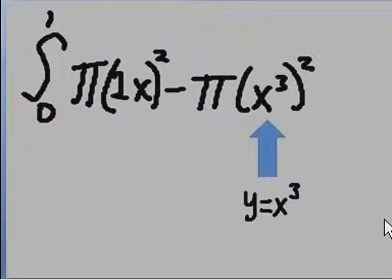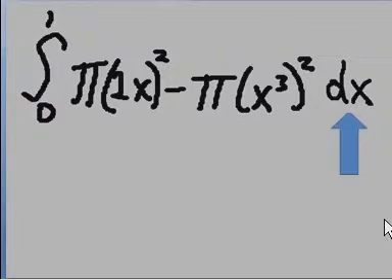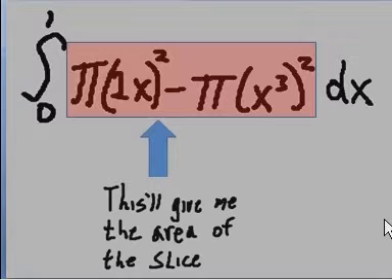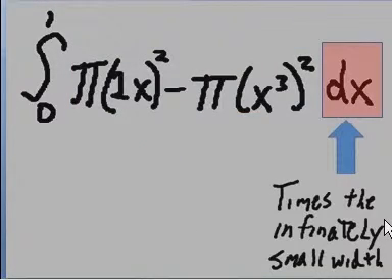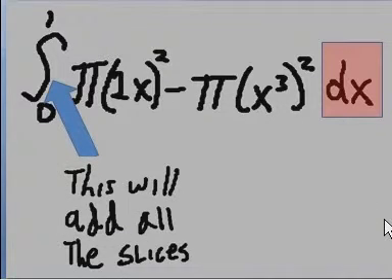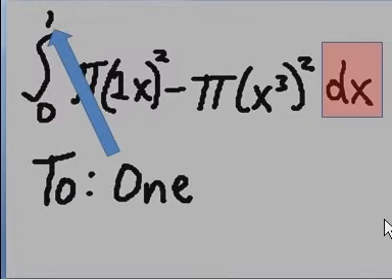For y equals x to the third, pi r squared is pi (x to the third) squared dx. This will give me the area of the slice times the infinitely small width. This will add up all the slices from 0 to 1.